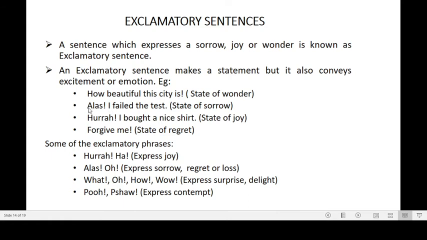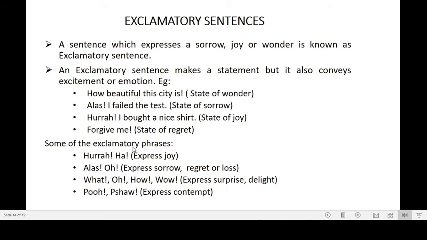Look at this: "Alas, I failed the test." It is expressing a state of sorrow. "Hurrah, I bought a new shirt," or "I bought a nice shirt." It is expressing a state of joy. "Forgive me." It's a state of regret. So these types of sentences which express a state of sorrow, joy or wonder are called exclamatory sentences.